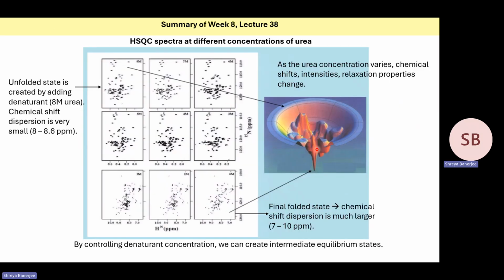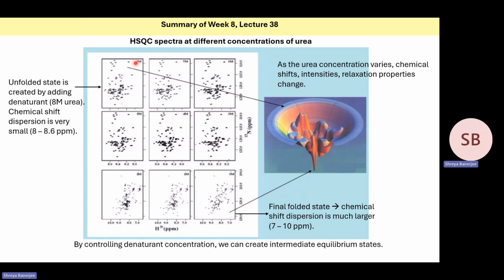Now, of this folding funnel that you have, HSQC is shown here at different concentrations of urea. So initially you have 8 molar urea, that is, the protein is completely unfolded.